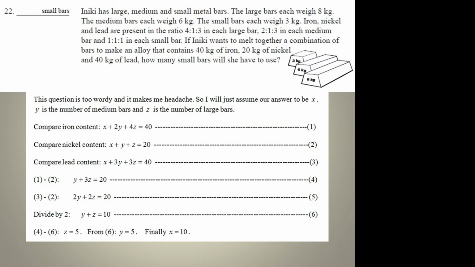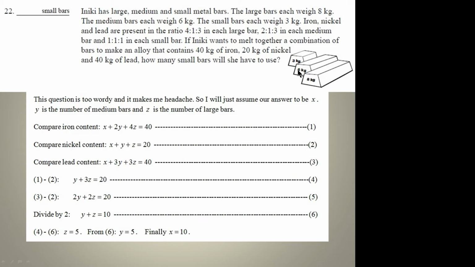So how many small bars will she have to use? The answer is x. But that's not enough, we need to find what x is. So this is our puzzle.